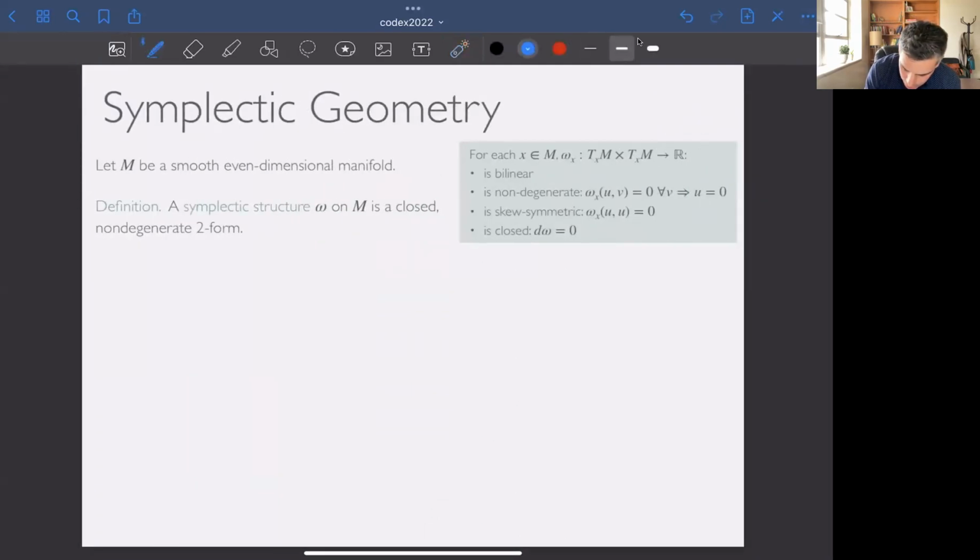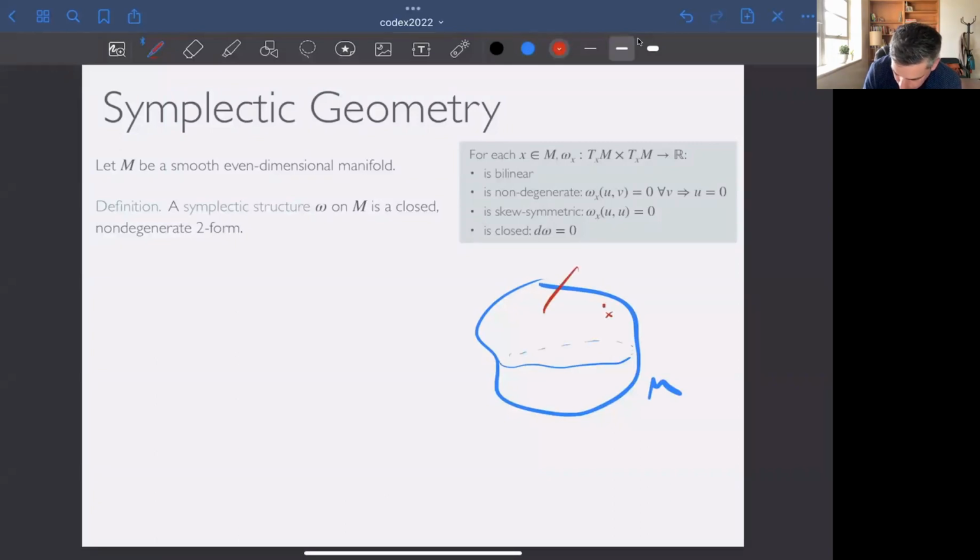So I'm sitting on this manifold M, and I pick a point on M. I look at the tangent space. Then the symplectic structure at that point, at each point I get a little omega sub x, and this eats a pair of tangent vectors and returns a real number, okay?